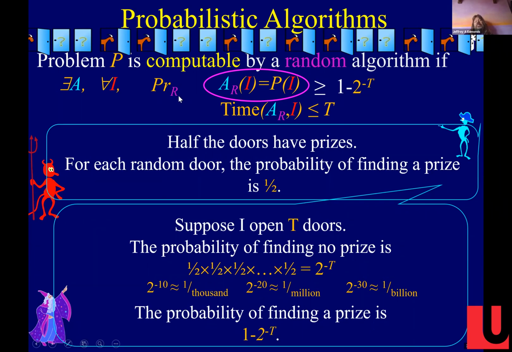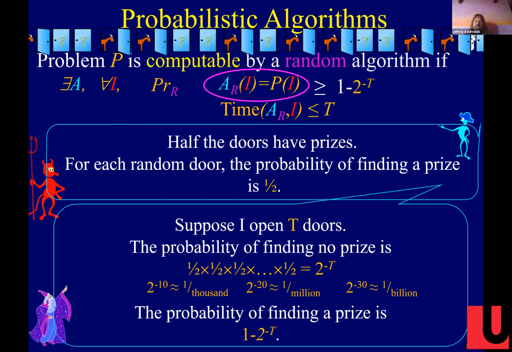We tend to not think about where you get your randomness, because it doesn't matter; you can play with it to use it however you want. So the formula is the same: 1 minus... But what we could change is the game, so that I promise you there's a prize behind a 7th of the doors.